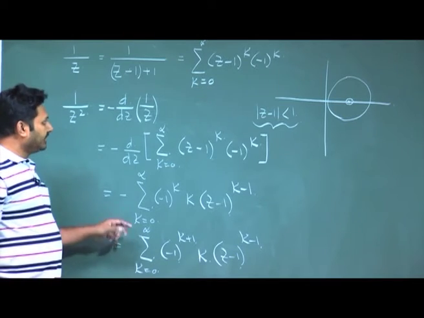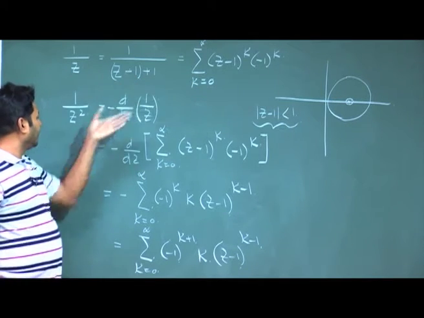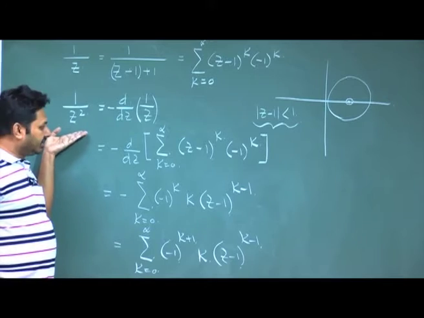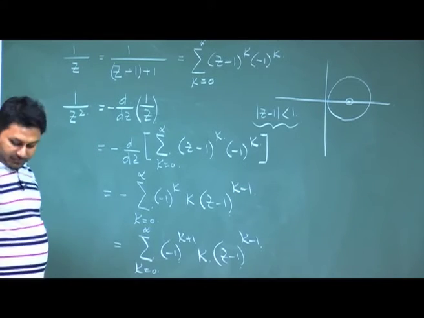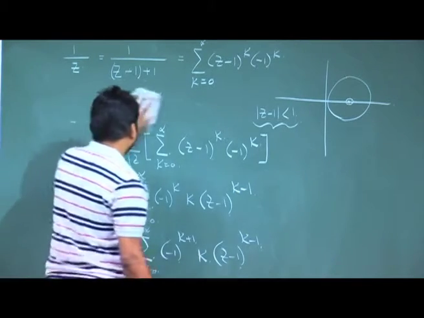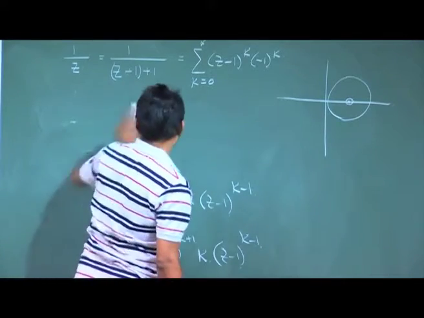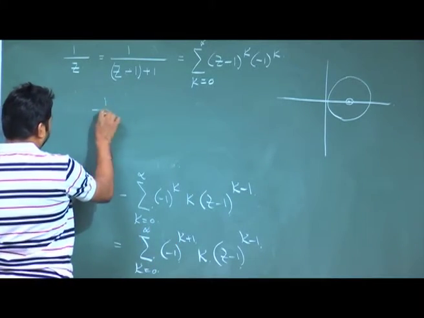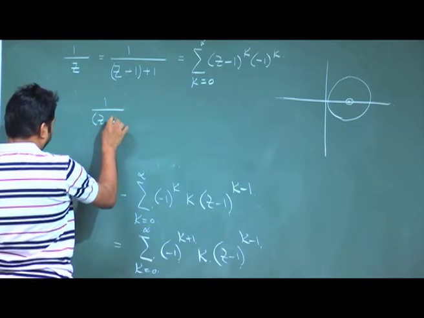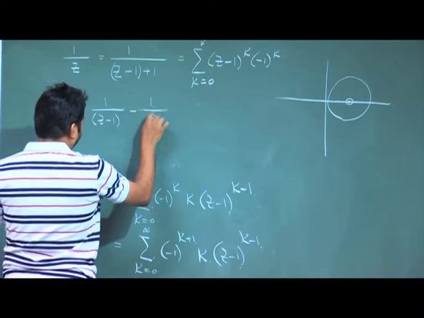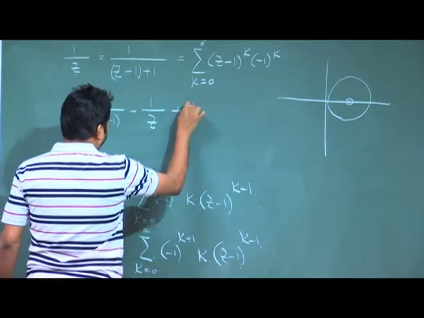So once you have this, the expansion of 1 by z square is in your hand. And if you remember, your function was something like 1 divided by z minus 1, minus 1 by z, plus 1 by z square.